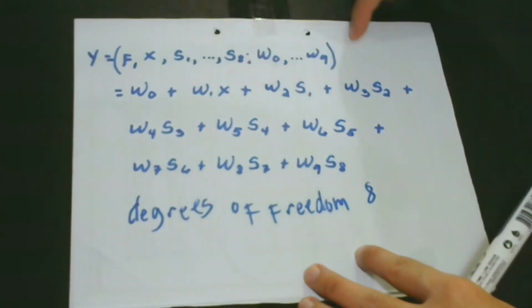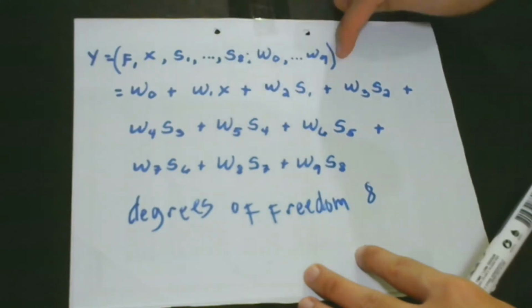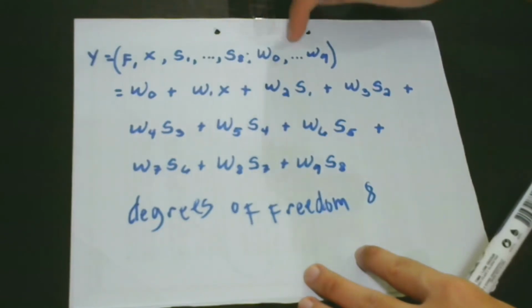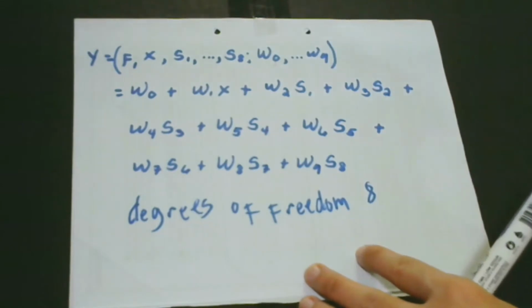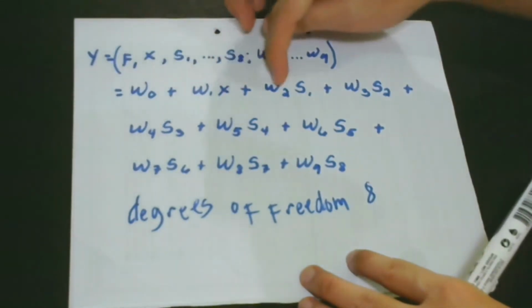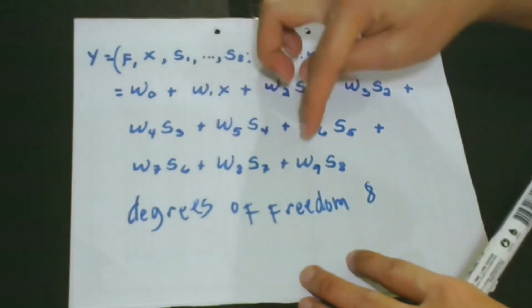Before, in our past lesson, we talked about why we have w0 to w9. We said that w0 is our intercept and w1 to w9 are our gradients, right? So we have here w0 plus w1x plus w2 s1, and so on, going to w9 s8.